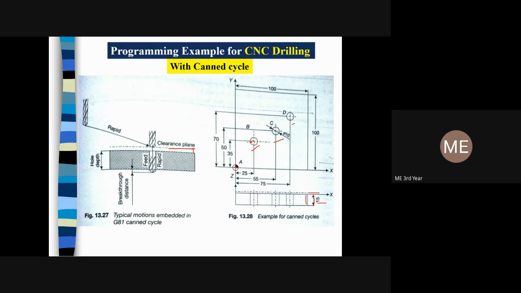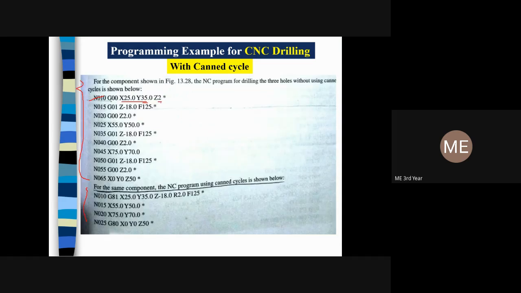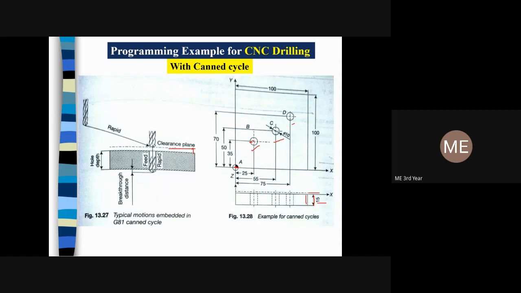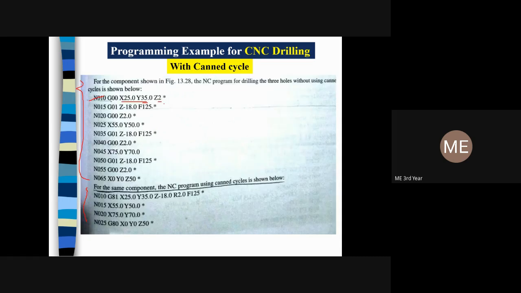I have mentioned the coordinate point of B, that is 25, 35, and Z2. So what does Z2 mean? I am keeping my tool 2 millimeters above the top surface of the workpiece, because I have chosen the clearance plane 2 millimeters away from the top surface. So this is my case, Z2.